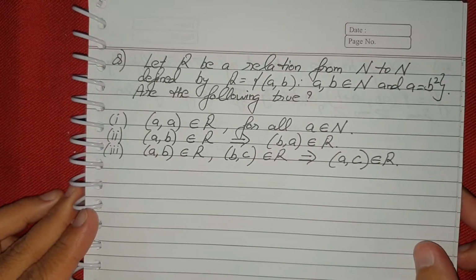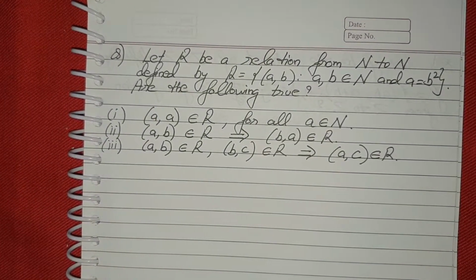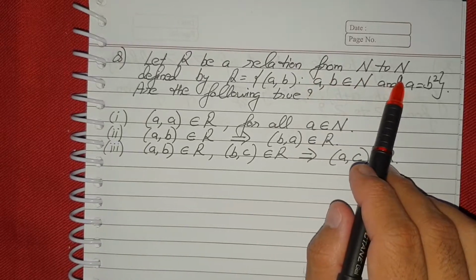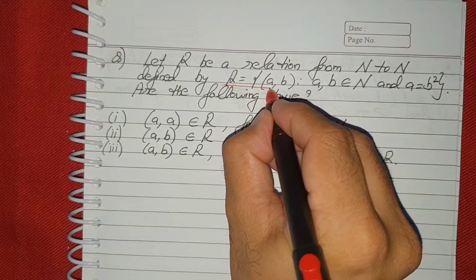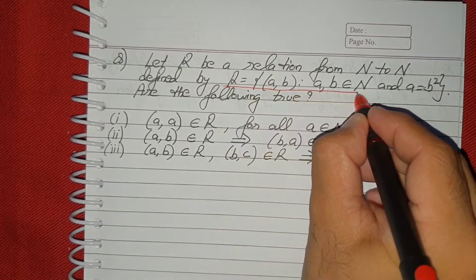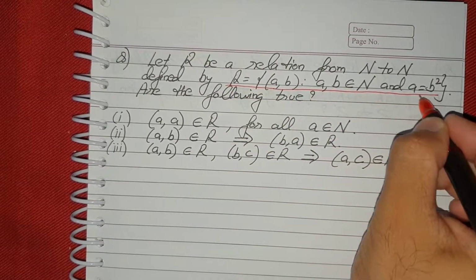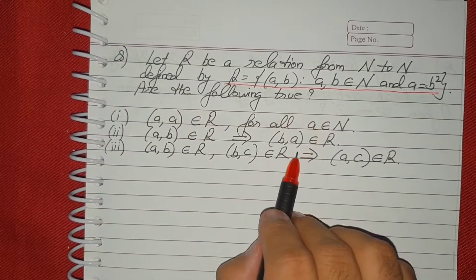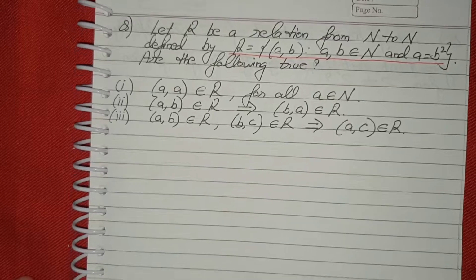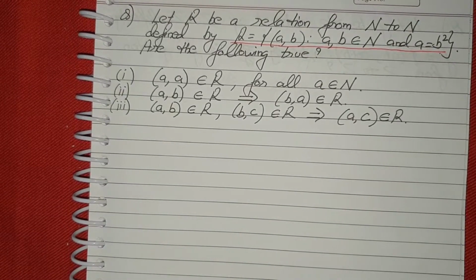Okay, moving on to our next example. Next question. Now, let R be a relation from natural numbers to natural numbers defined by R is {(a, b) : a, b belong to natural numbers and a equals b square}. Now you have to prove whether the following are true, and you have to write the statement also or justify them.